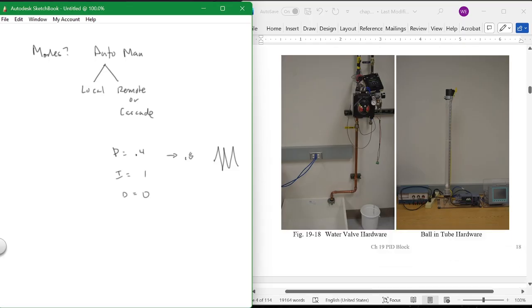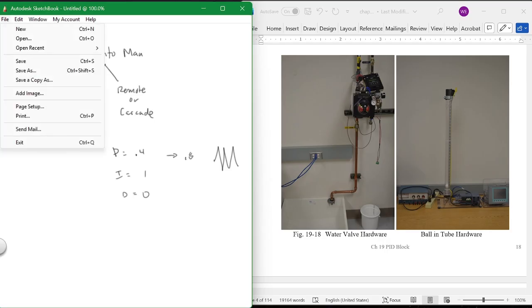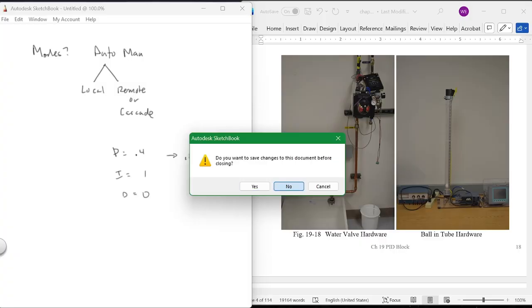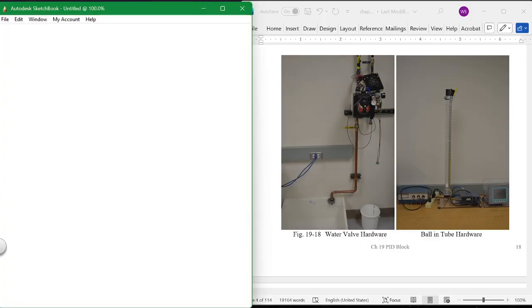Now, this is one of the other labs that we have, and this is one that you can use. This is the ball and tube lab, and this is one that you can program. This is one that you can have access to. There is a program for it over in another area. I'll show you where it's at.